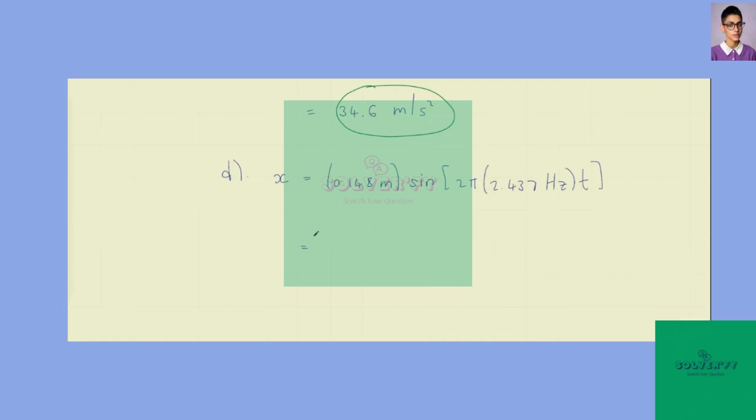This becomes 0.148 meters times the sine of, if we multiply out through the bracket, 4.87 times pi times t. So that's the position as a function of time.